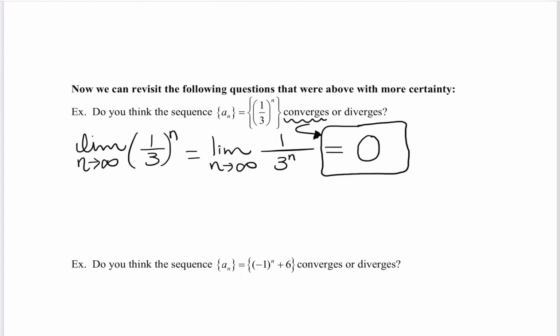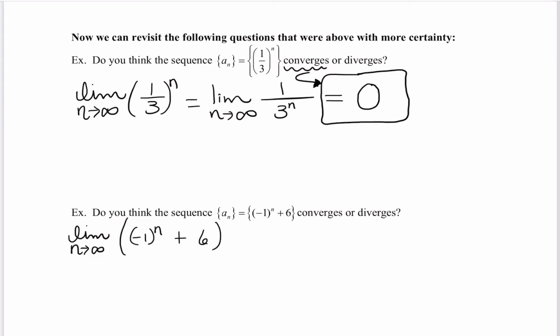All right, now the second one. If you look at the limit as n goes to infinity of -1 to the n plus 6, there's no way to evaluate the limit as n goes to infinity of -1 to the n. It's just alternating, so that limit doesn't exist, because it's going 1, -1, 1, -1, 1, -1.